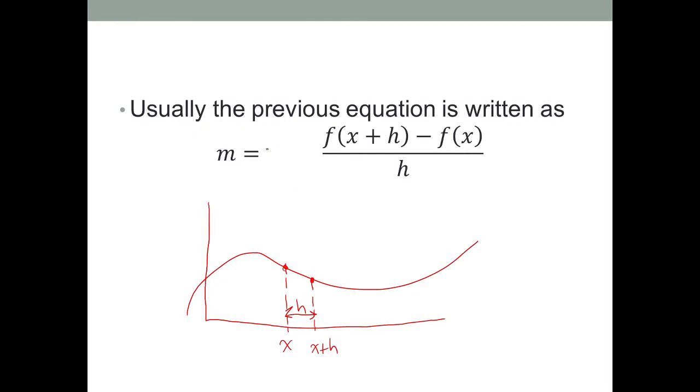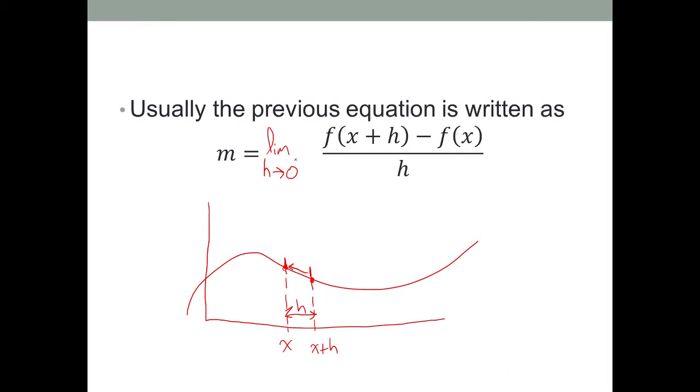So we're going to calculate the slope as the limit as h goes to 0, because h represents the distance between x and x plus h. And we want h getting closer and closer to our original point, or effectively we want h to be close to 0.